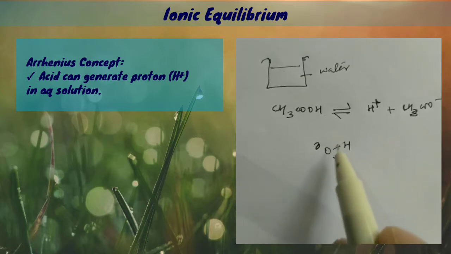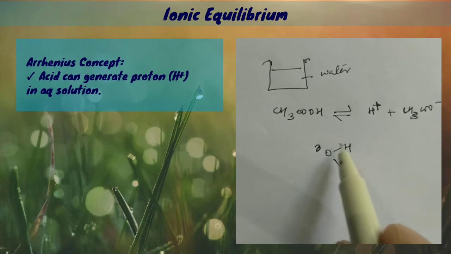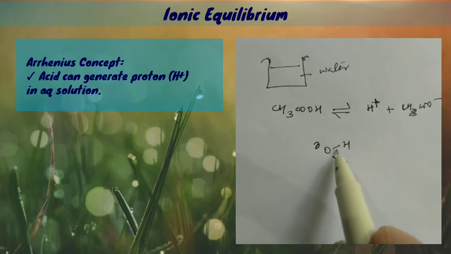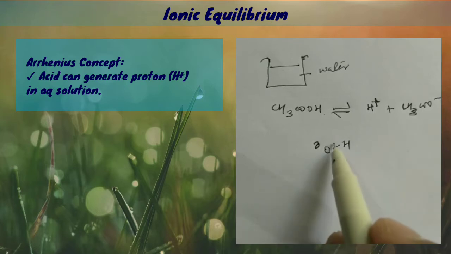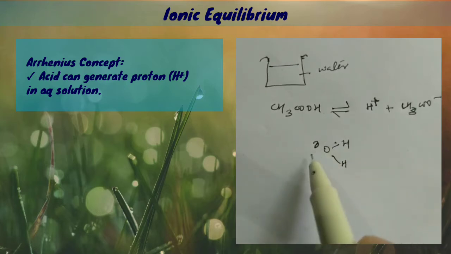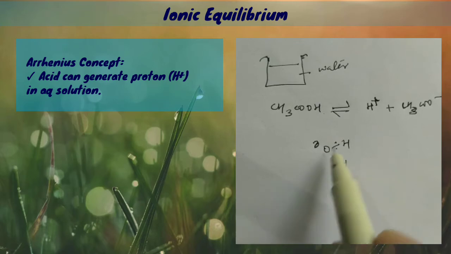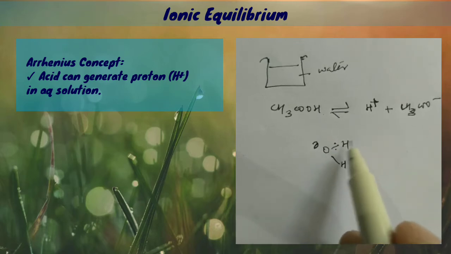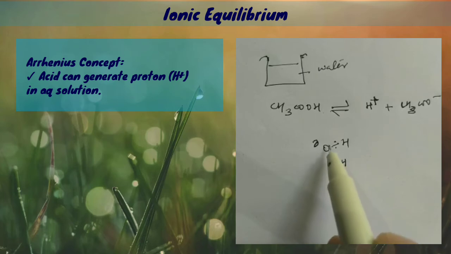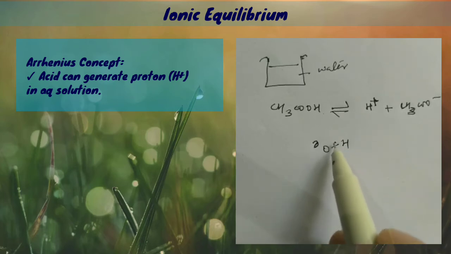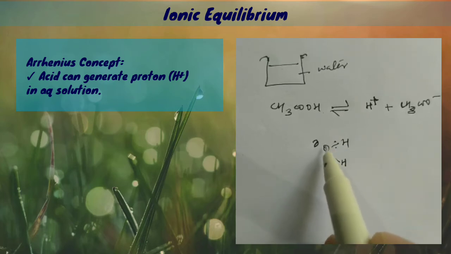When a covalent bond forms, the electrons are shared between the two atoms. Let's suppose oxygen and hydrogen: one electron comes from oxygen, one electron comes from hydrogen, and they share this electron pair between them. But oxygen's electronegativity is higher than hydrogen's, so the electron pair moves more towards the oxygen.